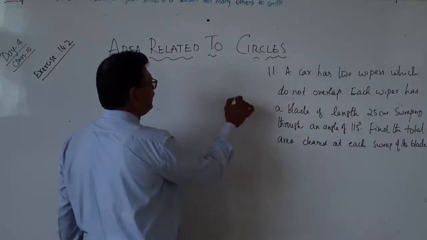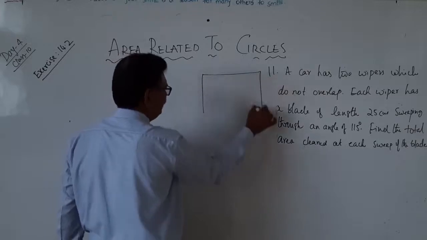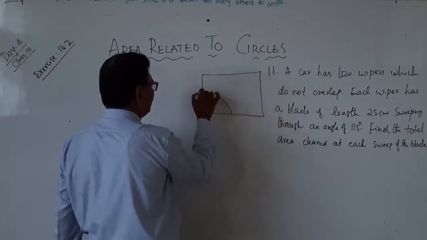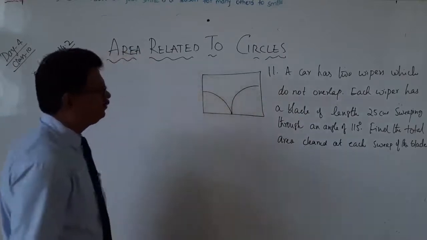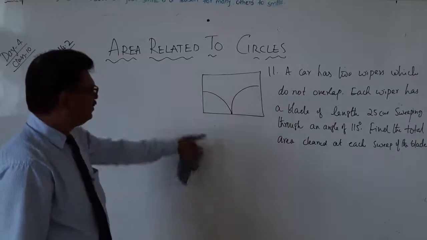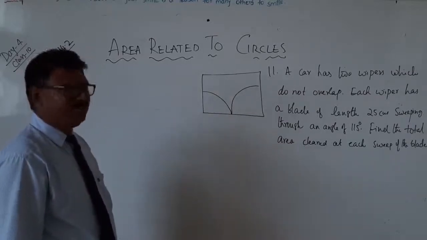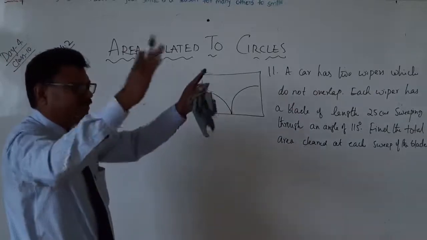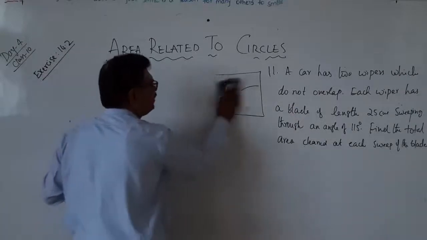So a wiper is there. For example, this is the glass we see. One wiper will be like this and the second one like this. They will not meet; they will not overlap. We will see that.